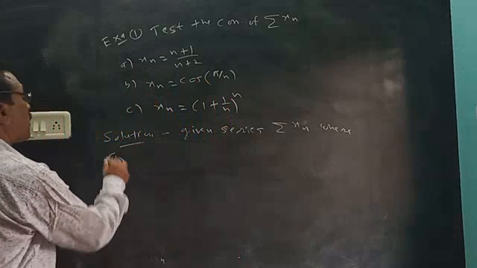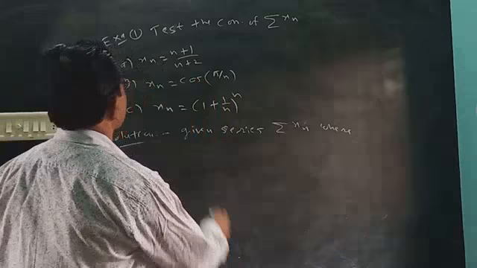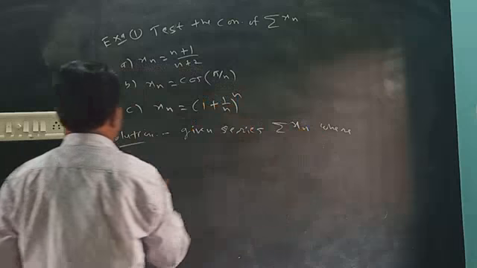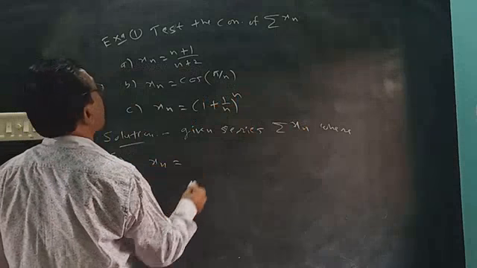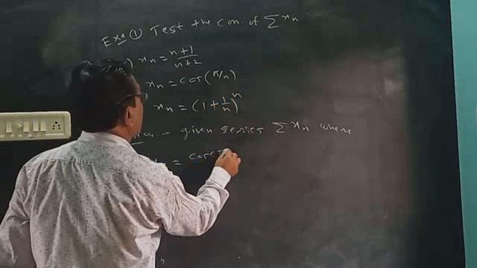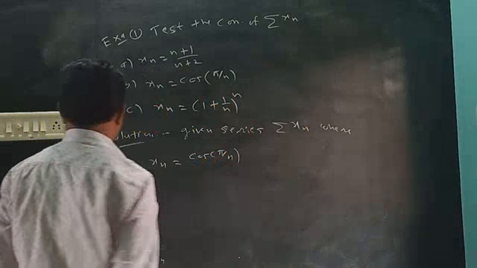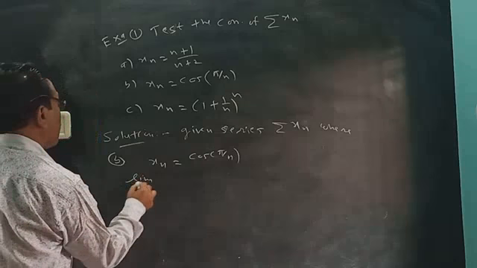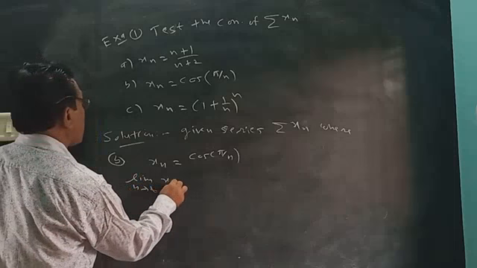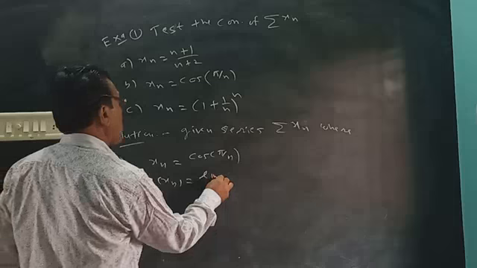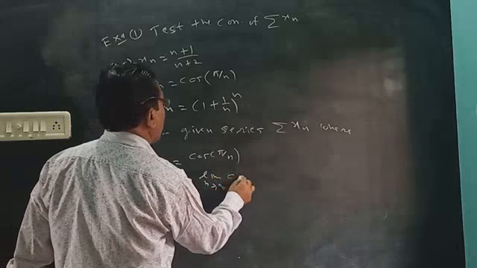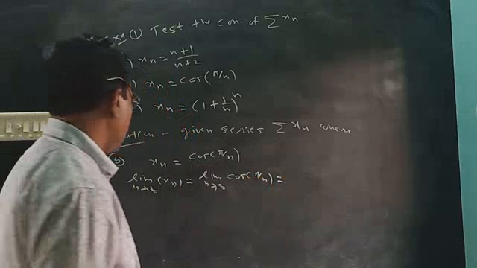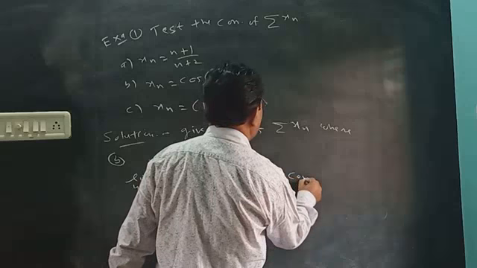Similarly, part B. Now the same summation, given series, where xn is cos of pi upon n. Again check the limit as n tends to infinity.